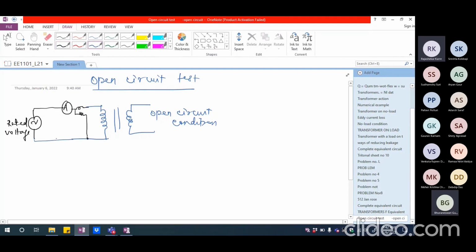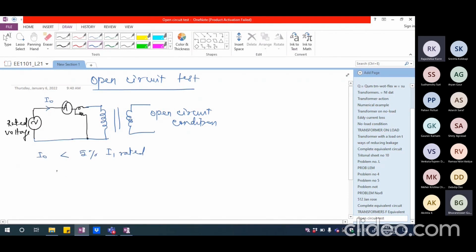So the only power consumed is because of the core losses, because the current drawn is very small. So what is the current drawn here? That is going to be the no load current. And no load current is generally less than 5% of I1 rated. I'm talking about this from the primary side. That's the reason I'm writing I1. So it is going to be less than 5% of rated current.